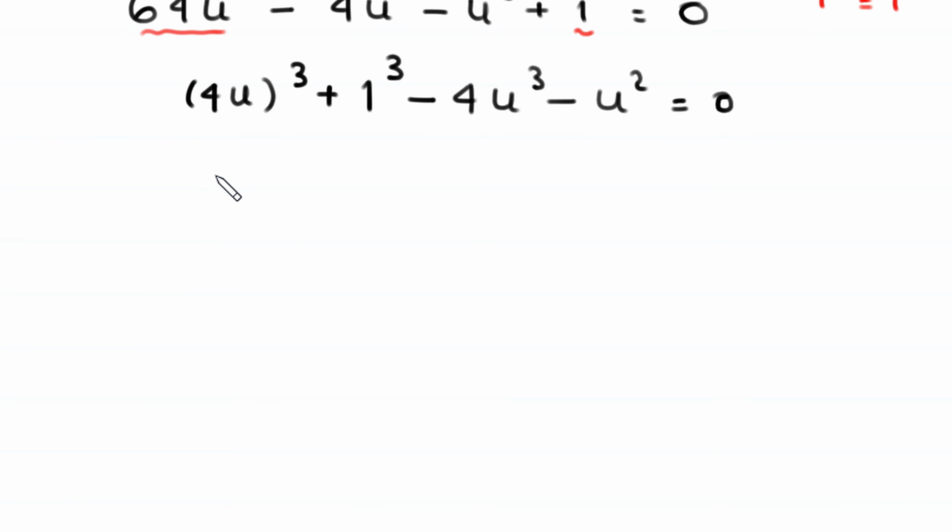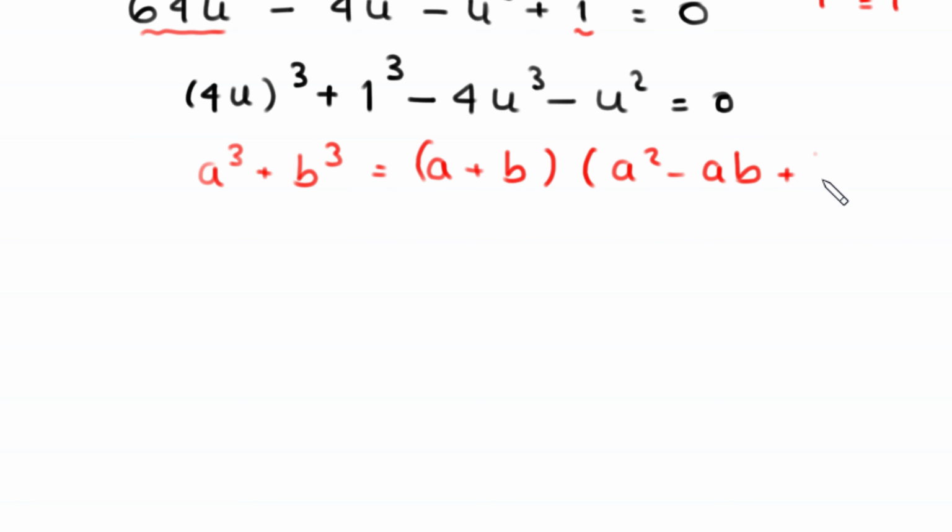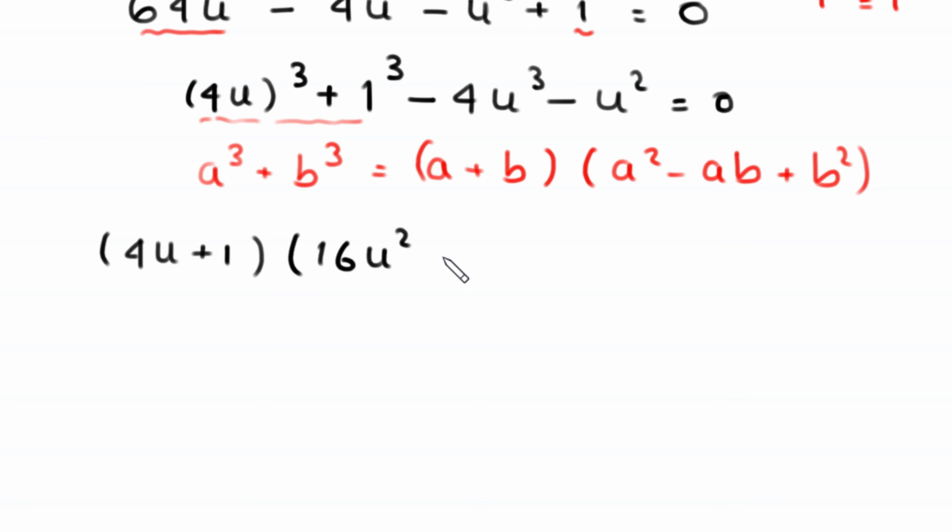Now by using this algebraic identity, a cubed plus b cubed equal to (a plus b) times (a squared minus a times b plus b squared), this (4u) cubed plus 1 cubed will become (4u plus 1) times (4u squared is 16u squared, minus 4u times 1, plus 1 squared is 1).